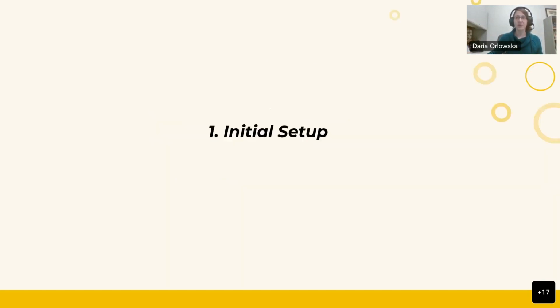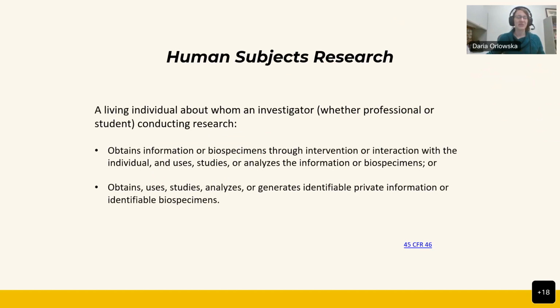Okay, so we're going to go right into it. The first bit is just the initial setup of the study. So first things first is really understanding what human subjects research is.